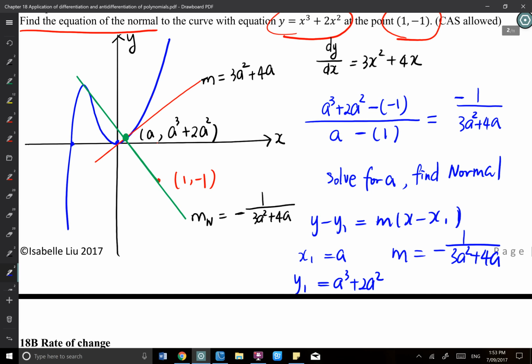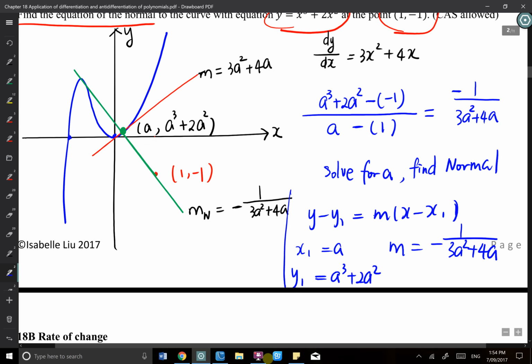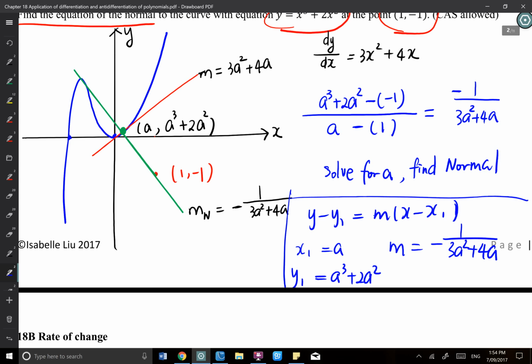If it's off the curve, you don't know the contact point, and you need to set up a general contact point by yourself and then work on that. I'm not going to ask you to really solve for it. You can do up to this point, and that's good.